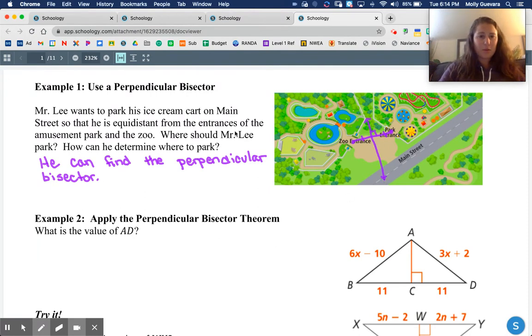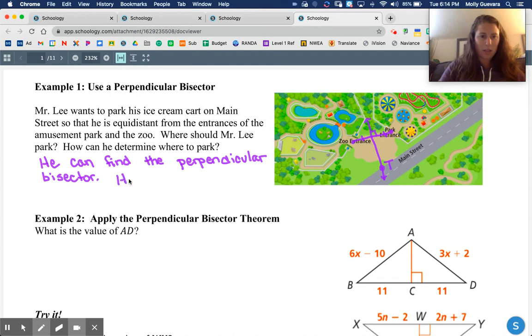And since he wants to park his ice cream truck on Main Street, it's going to be right here. So that's where the perpendicular bisector intersects Main Street. So this will be equidistant to the park entrance and the zoo entrance.